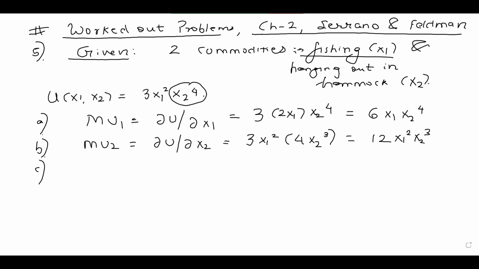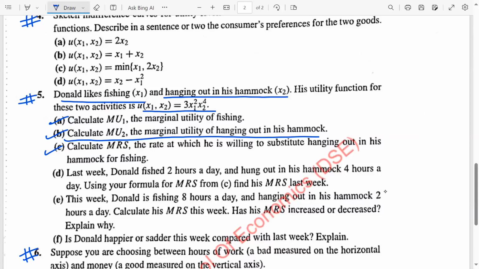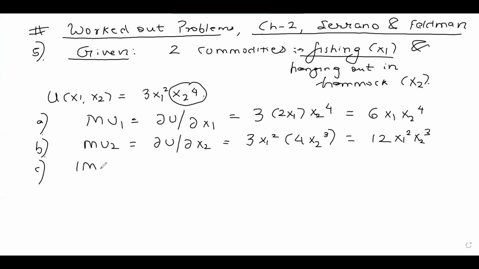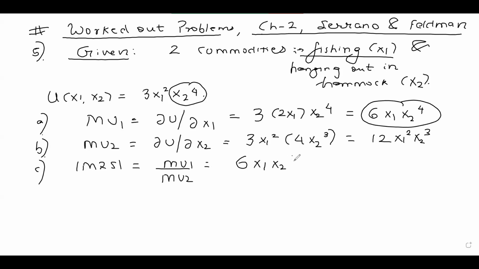Part C. Calculate MRS. This is the rate at which he is willing to substitute hanging out on the hammock for fishing. We all know the formula for MRS. In absolute terms, which means I take the modulus and ignore the negative sign, MRS is just MU1 by MU2. What is MU1? 6 x1 x2 to the power 4.